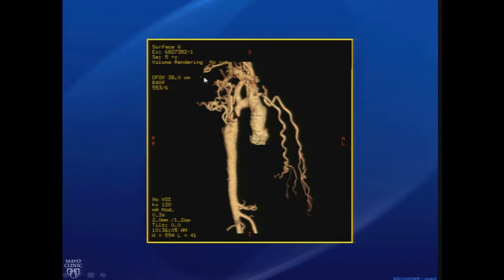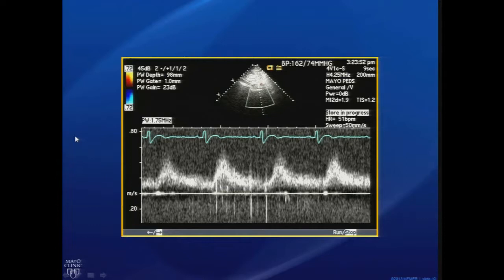So how can you not miss this in echo? Well, here's the key, and this is the abdominal Doppler. This should be our number one diagnostic tool for anyone with coarctation, whether it's tricky like this one that I was showing you or not, because coarctation of the aorta that has significant obstruction will give you an abnormal abdominal Doppler flow.